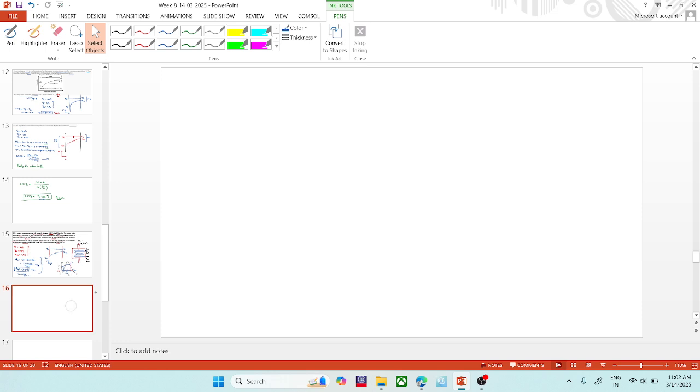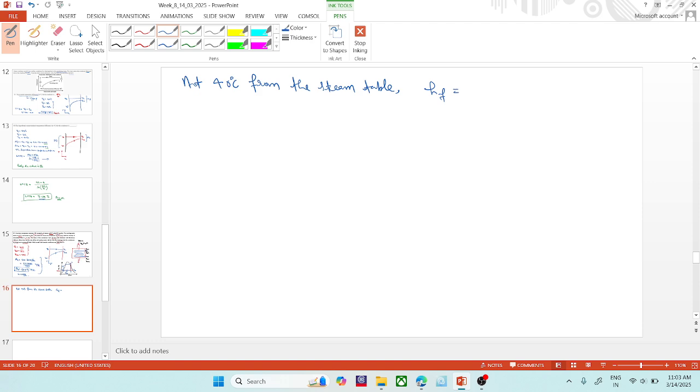Let me move to another slide. So at 40 degrees centigrade, from the steam table, I determined these values.